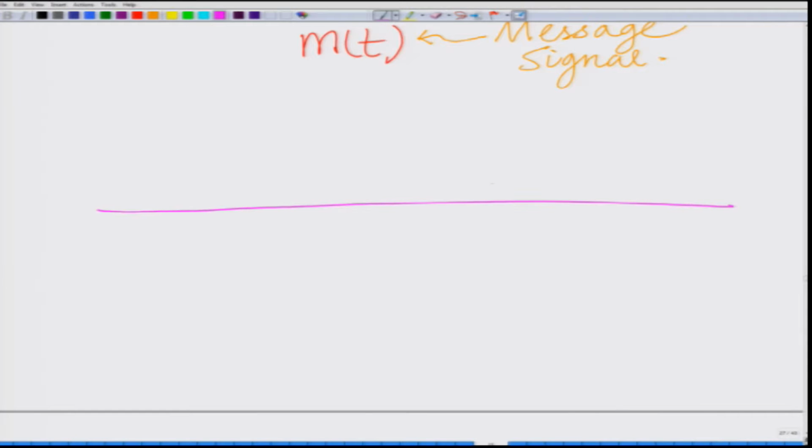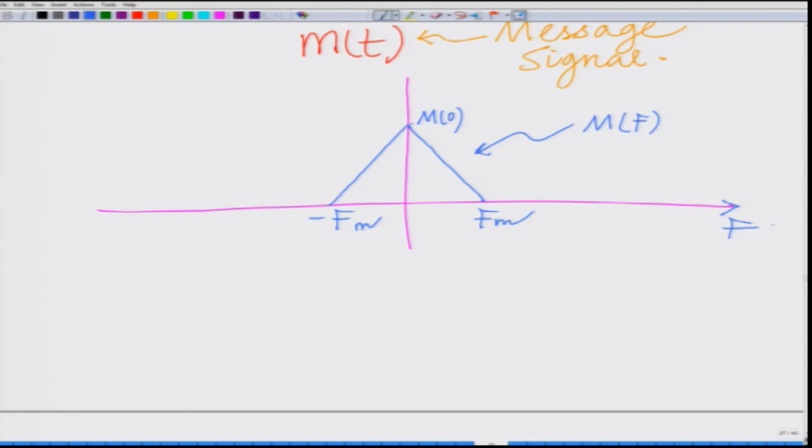M(f) goes from minus fm to fm, and this point is M0. So, this is your spectrum M(f) in the frequency domain.